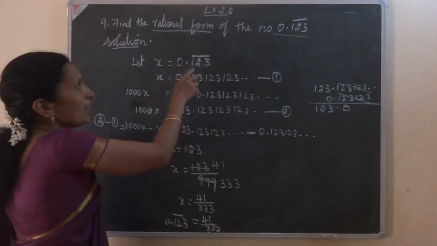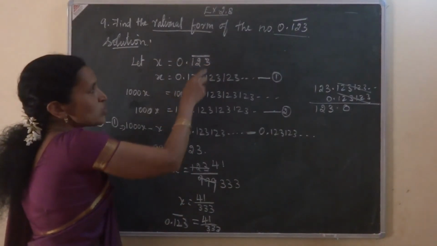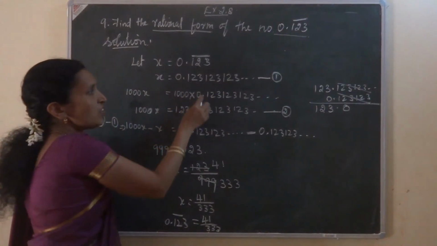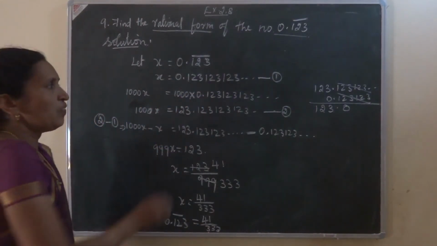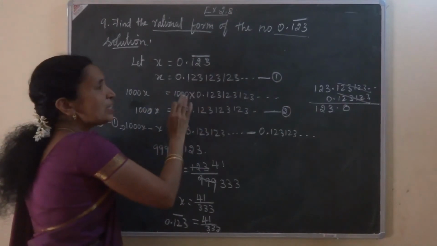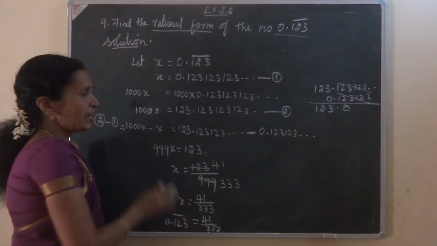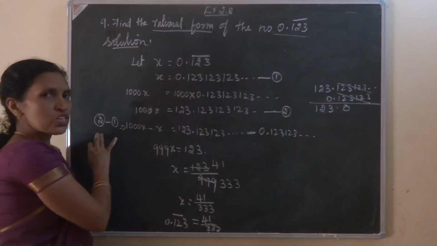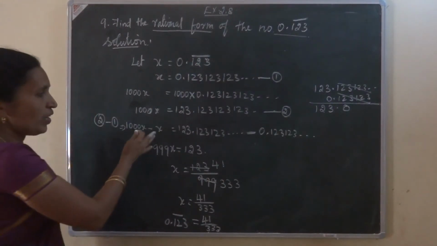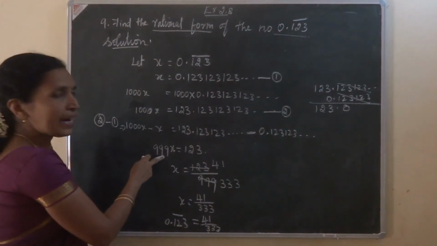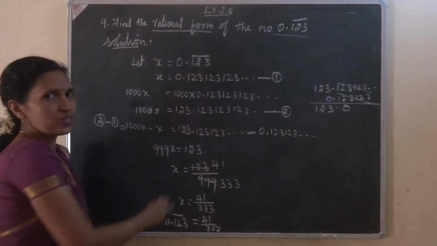Okay, here 1, 2, 3 bar, so you have to write 1000x equal to 1000 into 0.123 bar. When you multiply by 1000, 3 digits will move. It will come like this. Okay. Then you subtract equation 2 and 1. You will get like this. 999x equal to 123.